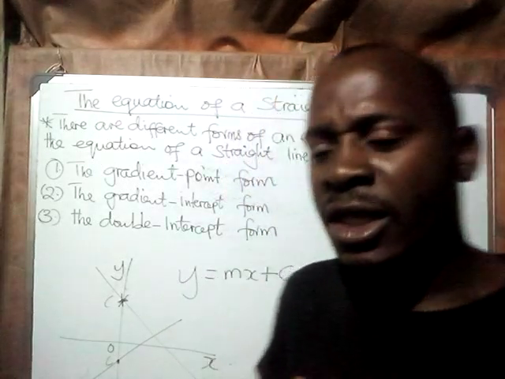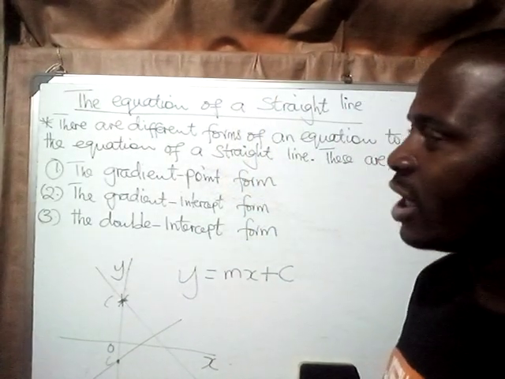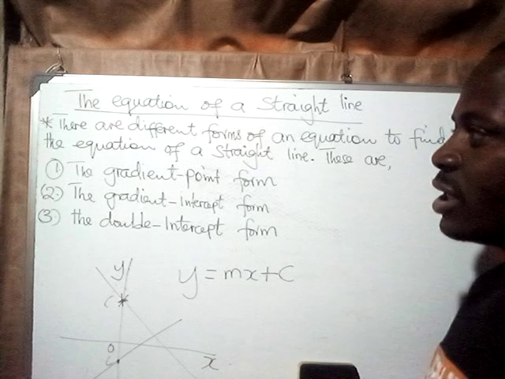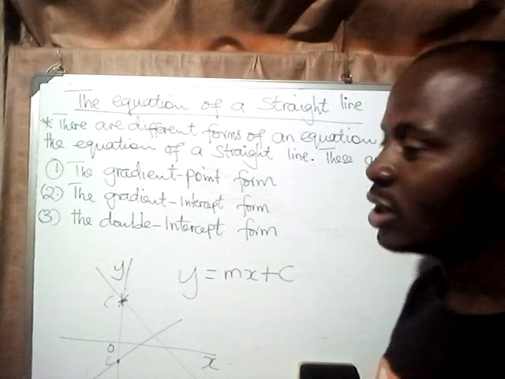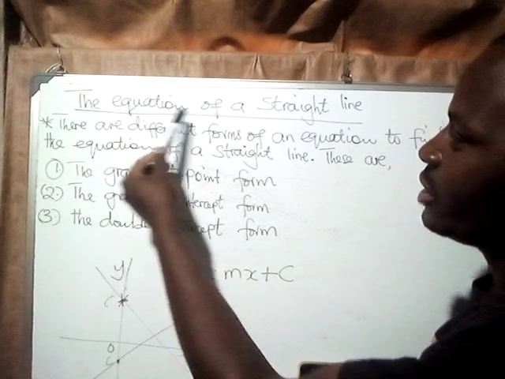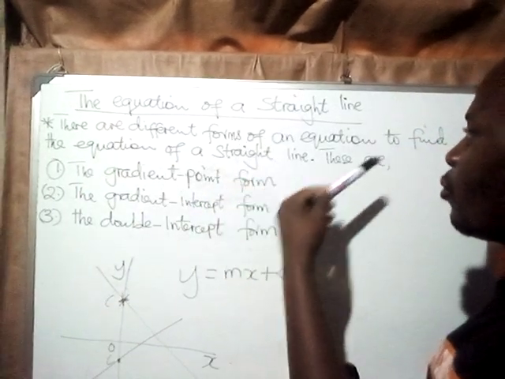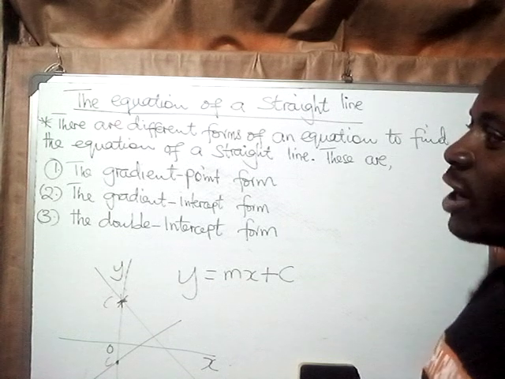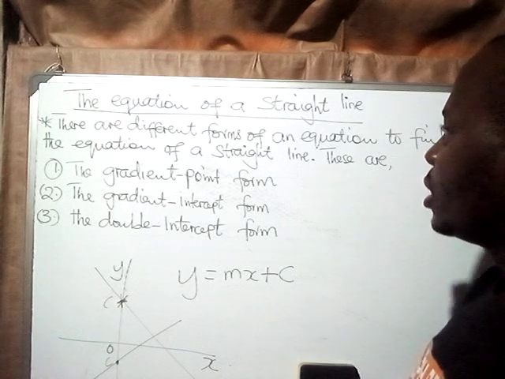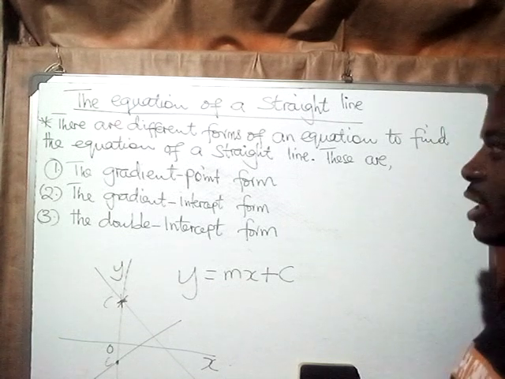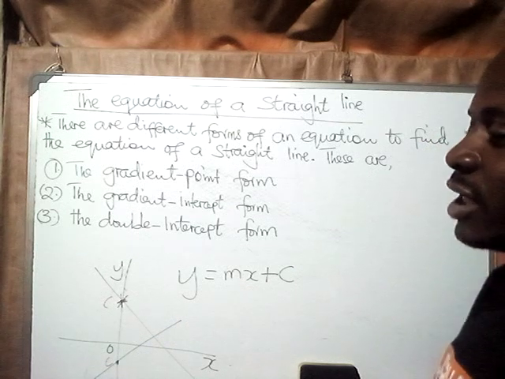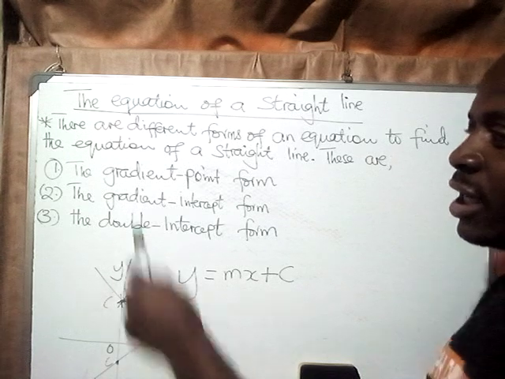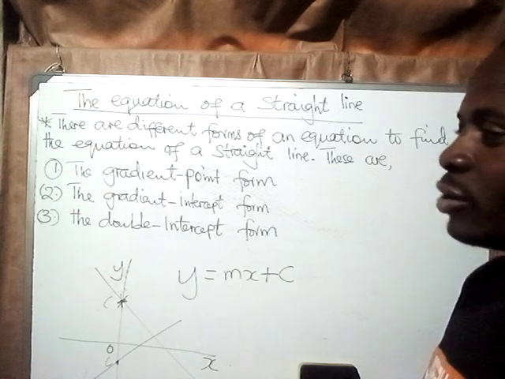Now, this equation of a straight line may come in different ways. So there are different forms used to find the equation of a straight line. Form number one is the gradient-point form.